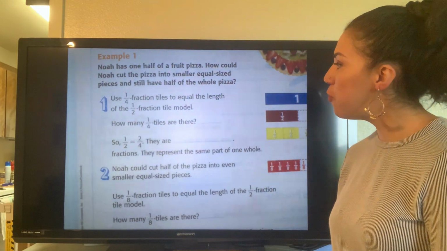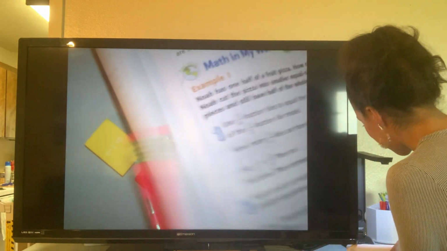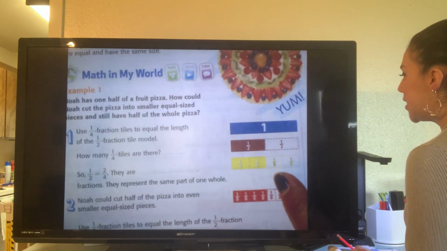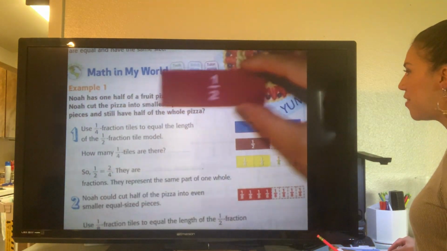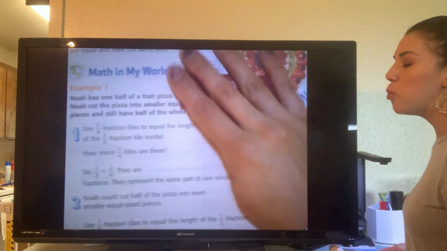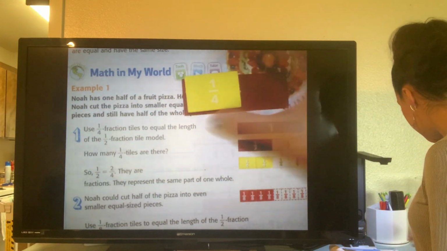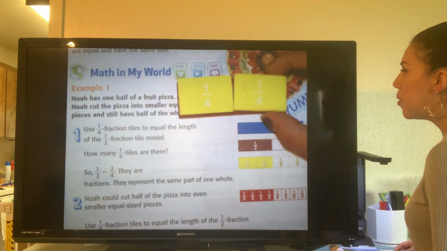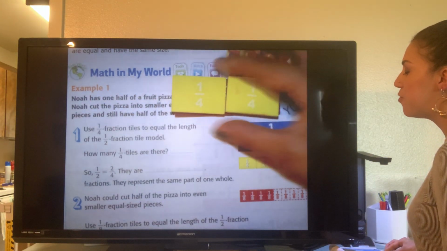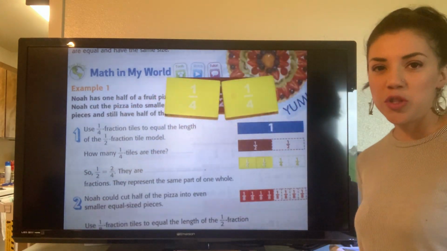Okay, how many 1/4 tiles are there? So basically, where did I put my tiles? Oh, there they are. So basically what they're saying is if I have 1/2, like it is here, I'm going to use 1/4 tiles on top of it to see how many fourths I get. So there are my 1/4. How many 1/4 did I have to use to get 1/2? 2. You're right.